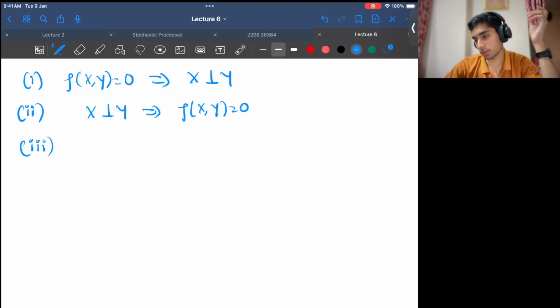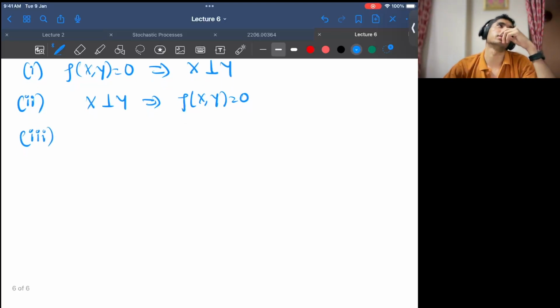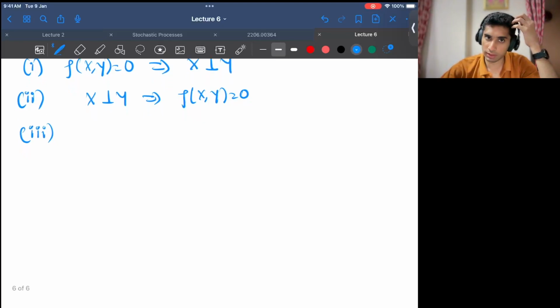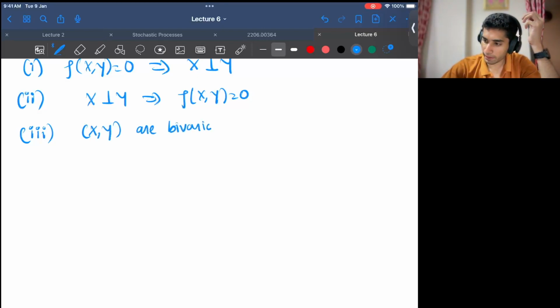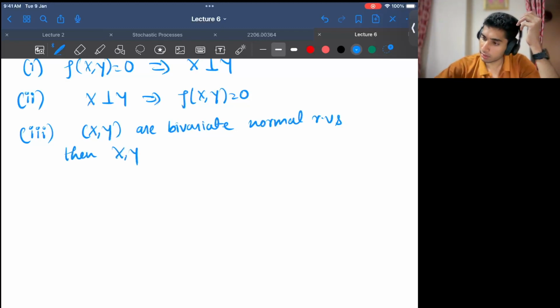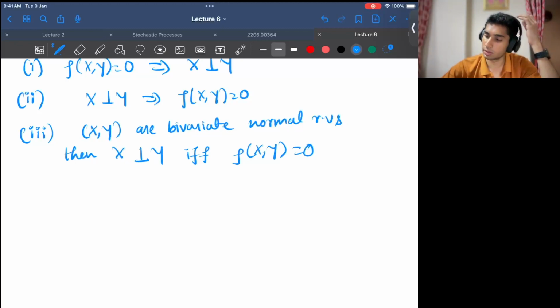The third statement is: if x comma y are bivariate normal random variables, then x and y are independent if and only if rho of x comma y is equal to 0.